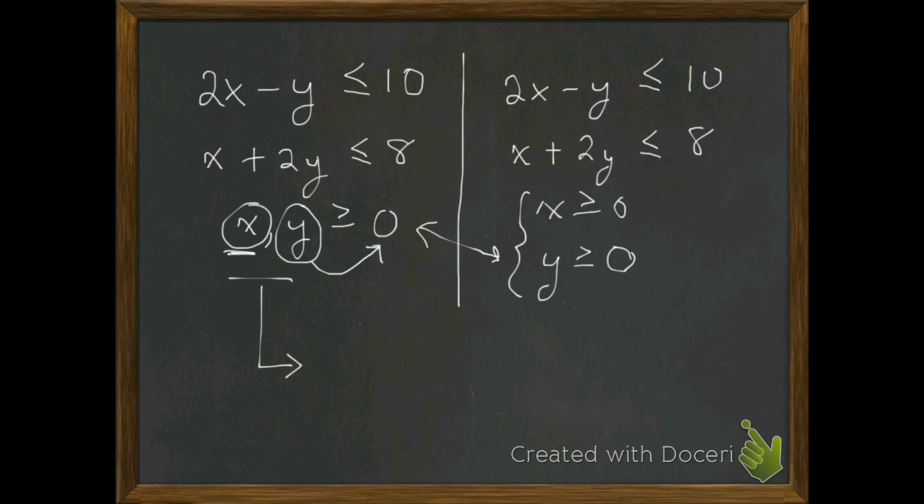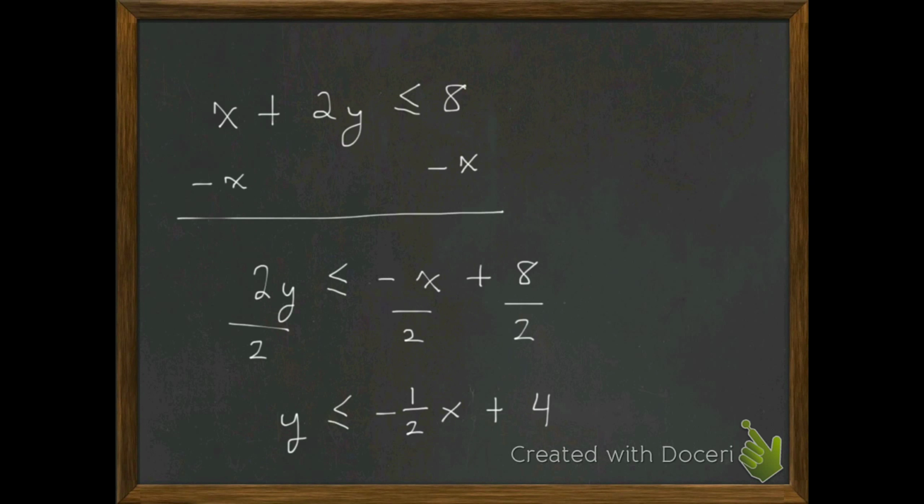If we're doing golf clubs and golf balls, we can't have negative golf balls and golf clubs. If we're creating Chevrolet minivans and Chevrolet trucks, obviously those would be positive. So how would things change if we put this restriction?